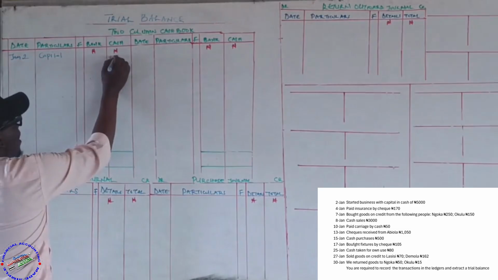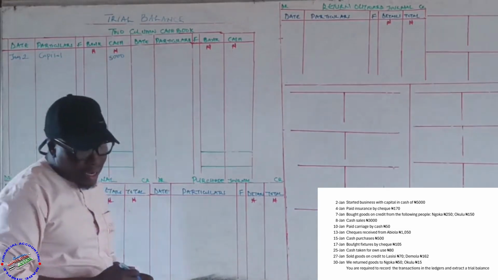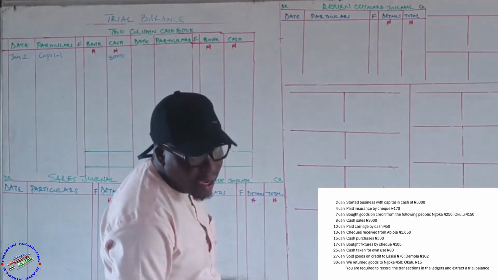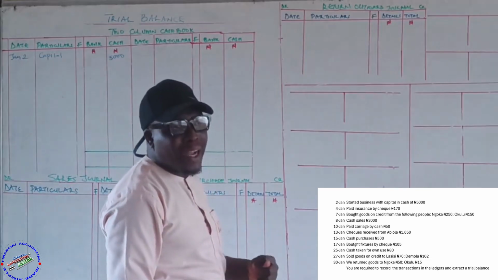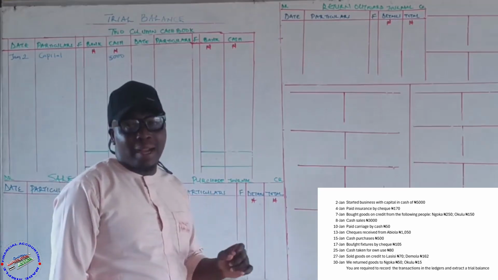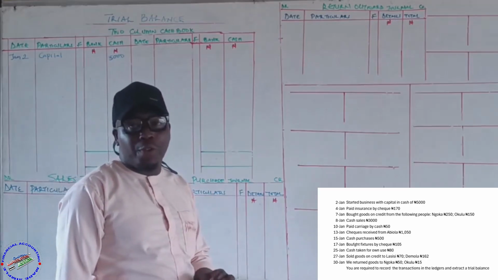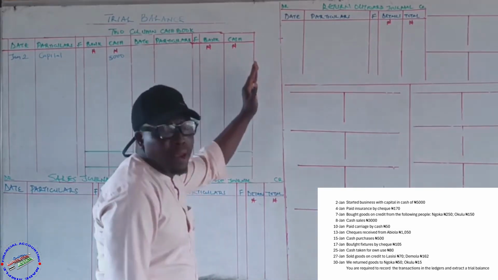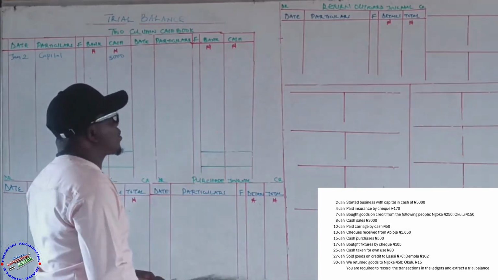That is 5,000. January 4th, insurance was paid by check. Check transactions will go under bank, while cash transactions will go under cash. Since we are making a payment, we come to the payment side of our cash book, which is the credit side.